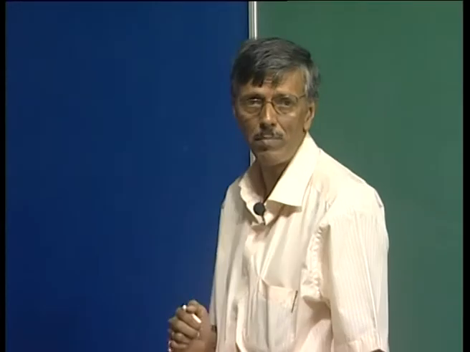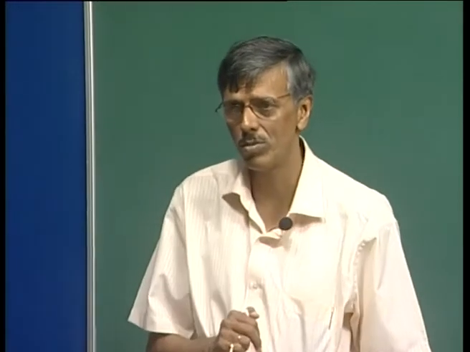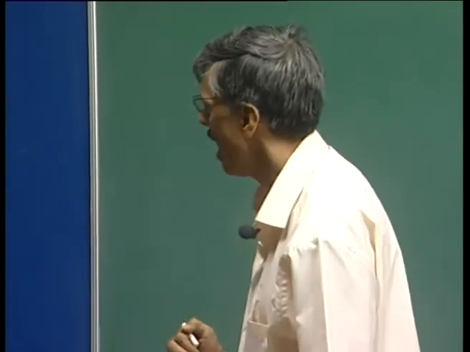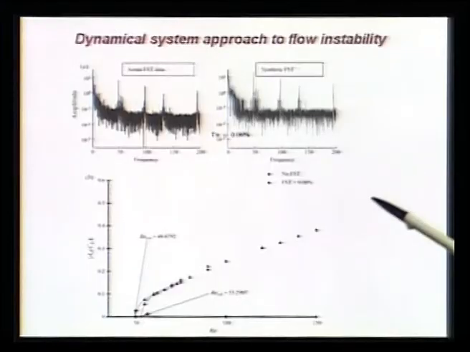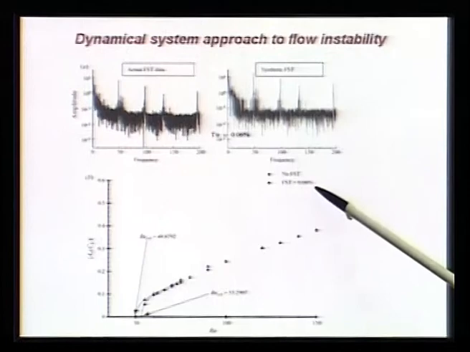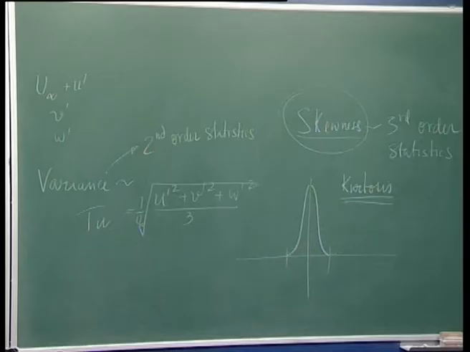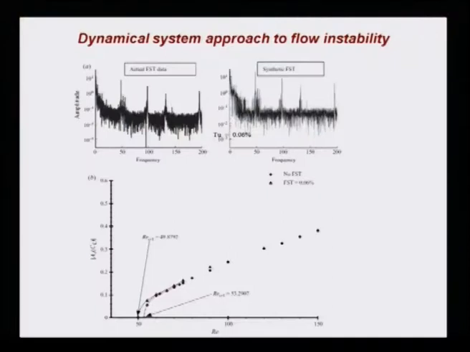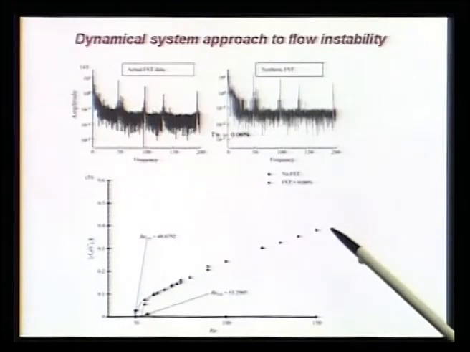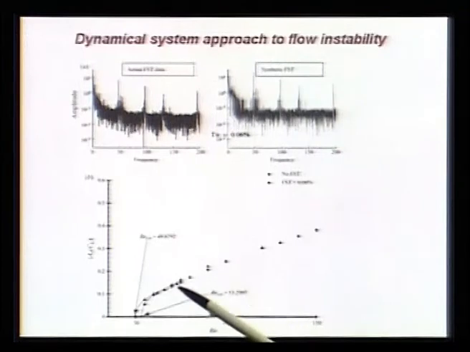And now, you see what happens, we use such a free stream turbulence model, okay, and then see what we get. So, we took the value of FST as given by this Tu, which is 0.06%, exactly the value that Norberg quoted. And then you see what happened is the calculation without the FST goes like this and meets there around 53.2907.